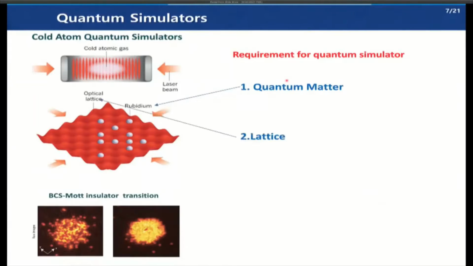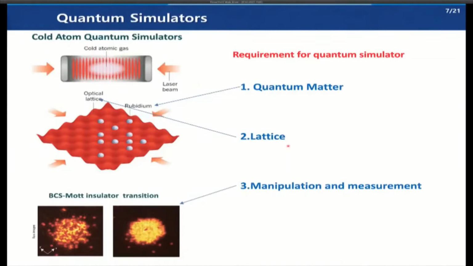In this platform they use an optical lattice. Third, we need manipulation of the quantum matter and measurement of the quantum state. This third requirement is very essential for developing the quantum simulator.